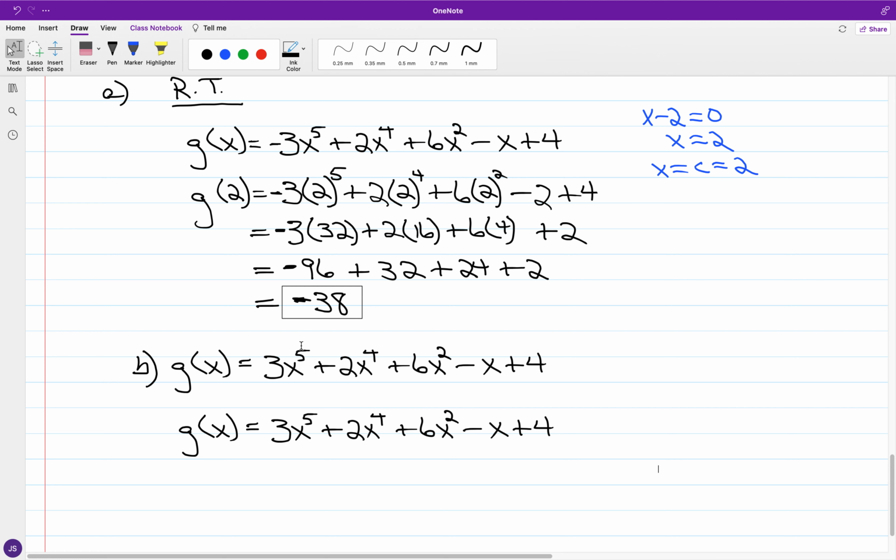So you have x to the 5th, x to the 4th. Notice we have a cubic term that is missing, so use 0 for placeholder purposes, and then x squared, first order x, and a constant.